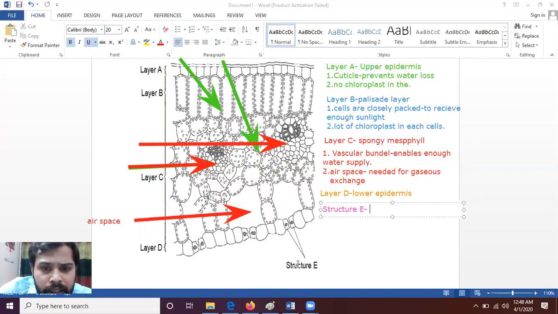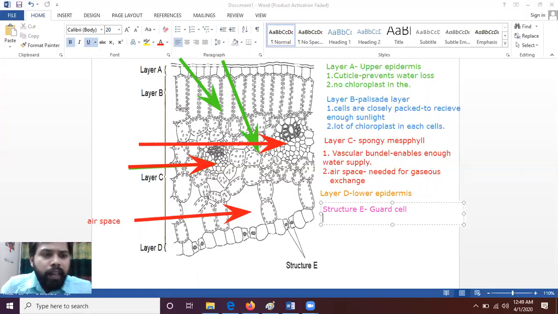The structure is pointing to the guard cells. This is your guard cell. So structure E is the guard cell, and whenever this guard cell opens up, the space that is produced between these guard cells is called the stomata.